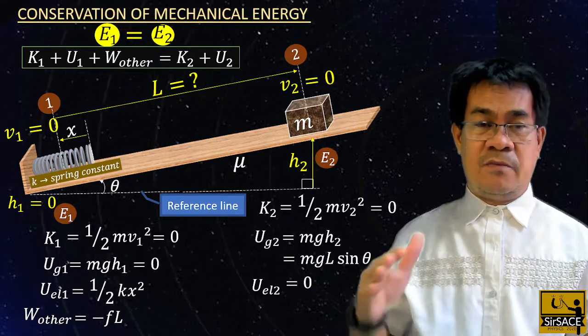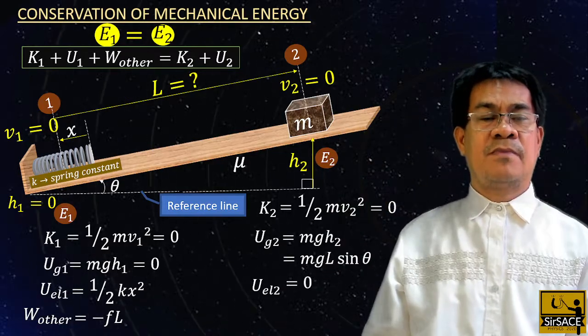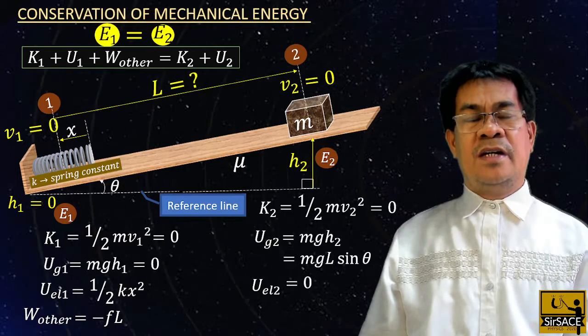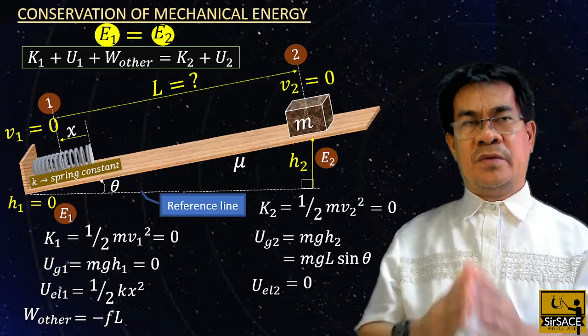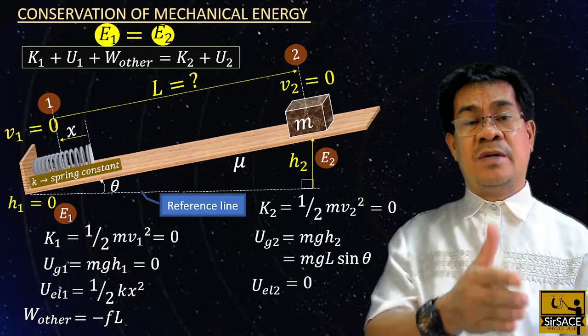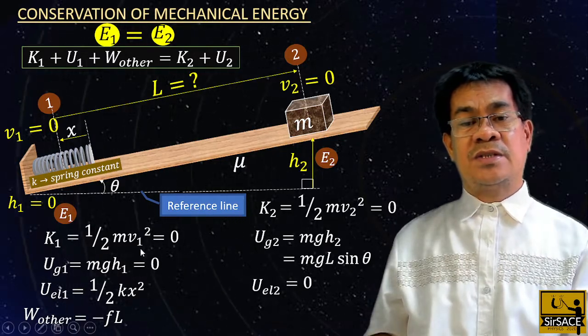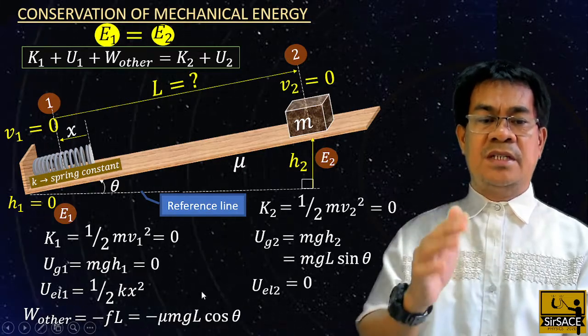So, go back again to my previous video on calculating the normal force. In other words, friction, which is mu n, is equal to the product of mu times n, but n is equal to mg cosine of the angle theta. And this is the theta to be used. So we have negative mu mg L cosine theta.